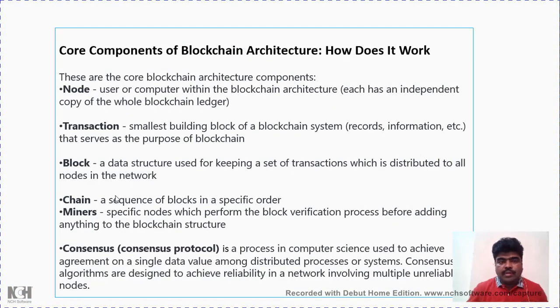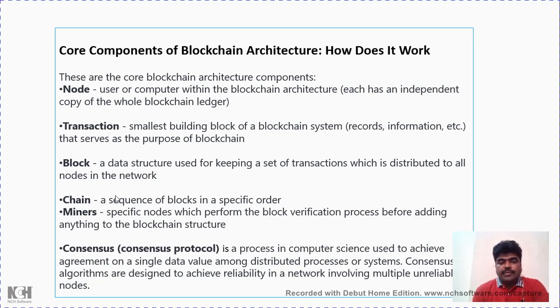Now, the core components of the blockchain architecture: how does it work? In the blockchain transaction, we have seen nodes, transaction, block, chain, miners, and the consensus algorithm.